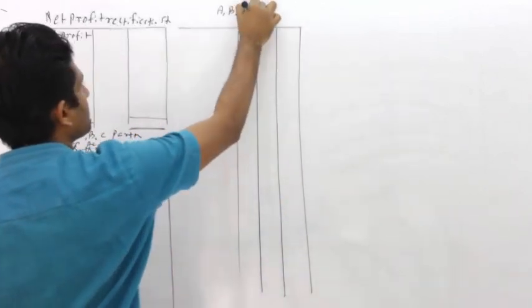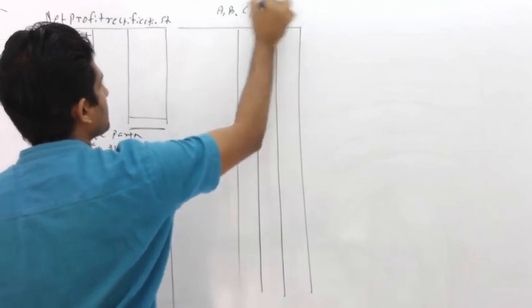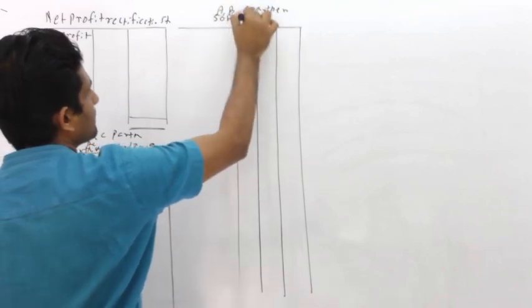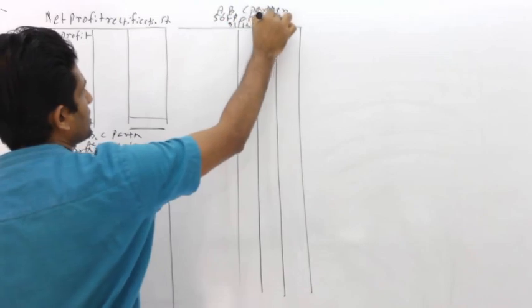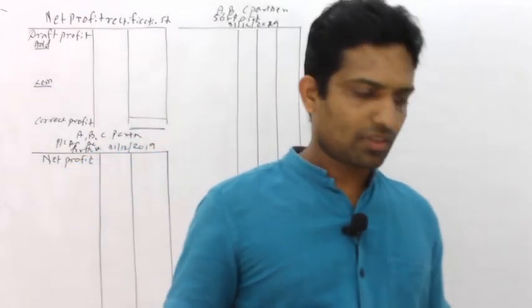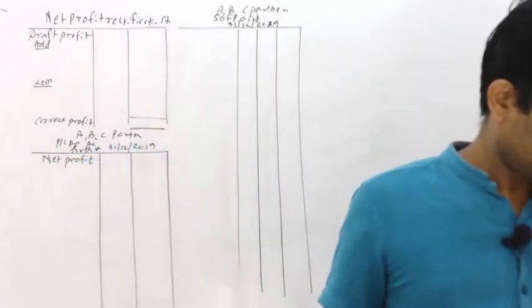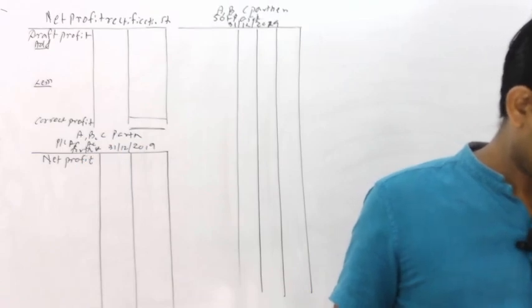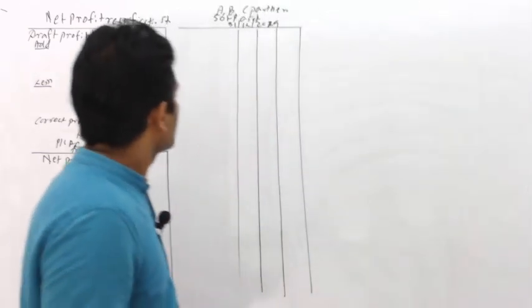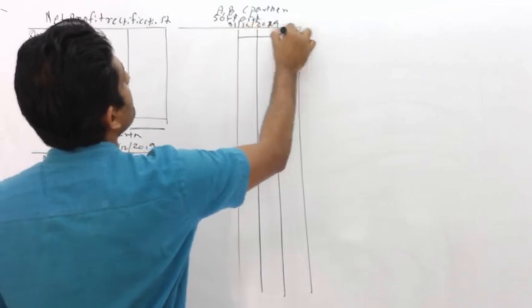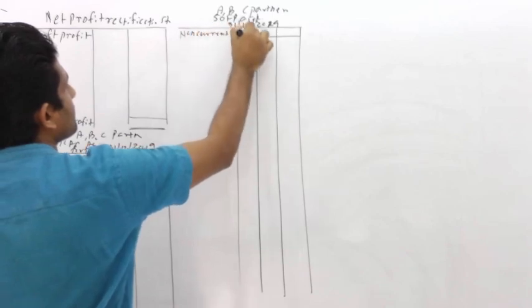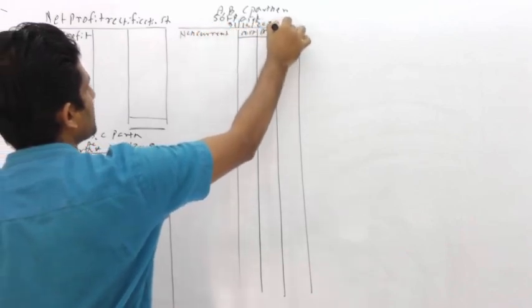ABC partnership, SFP as at 31st December 2019. Now, non-current assets, cost, accumulated depreciation and book value.